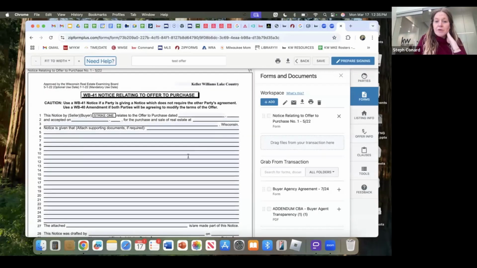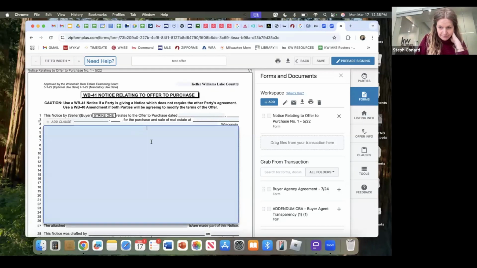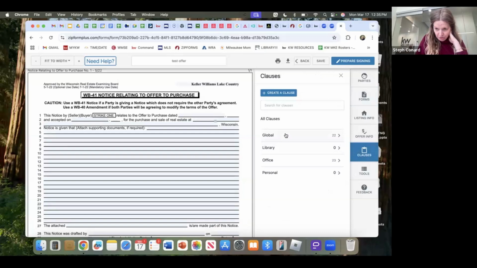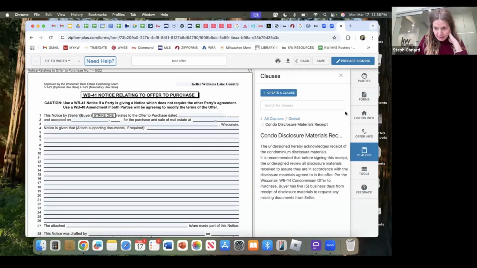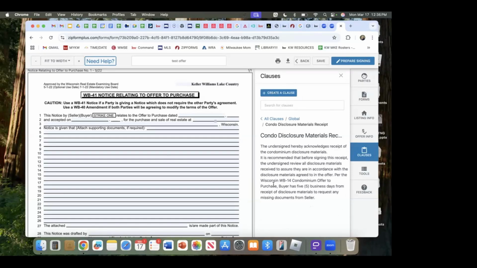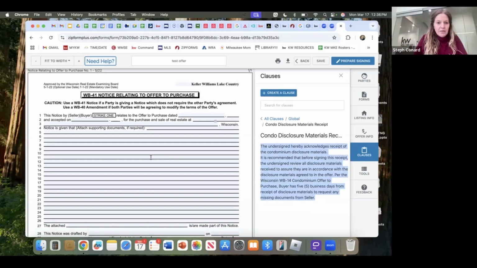This is actually coming from our clause library. You'll use a notice and go to clauses on the right-hand side here. We're going to go to global, and it's condo disclosure materials receipt. Can you give us that again one more time, so I can plug it right in here?